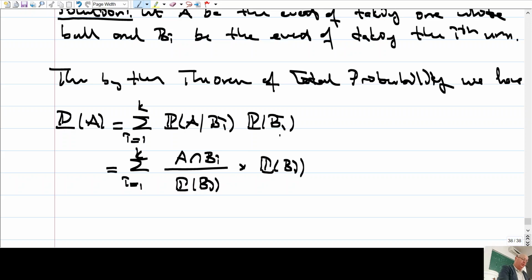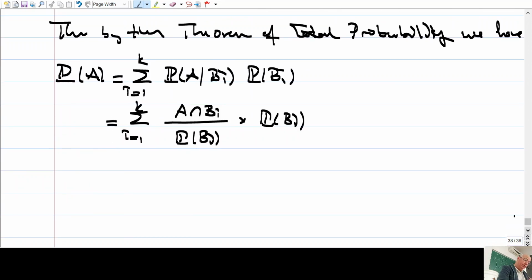Yeah, although I use the same notation, actually we have to be careful. Yeah, maybe I should write like this here.